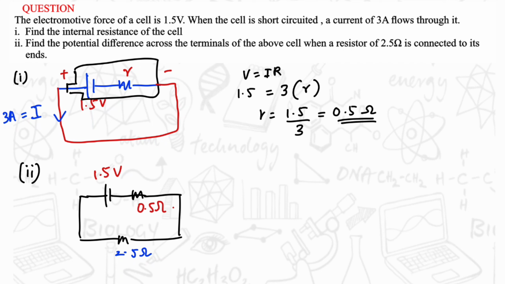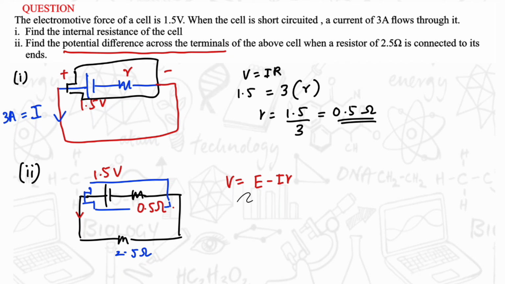And we have to find the terminal potential difference. So here in this case the current will flow out of the battery. So we have to find the potential difference across the terminal. So it should be V is equal to E minus IR, right?